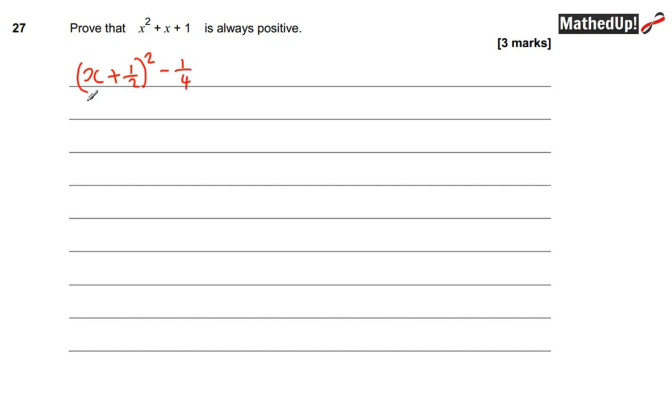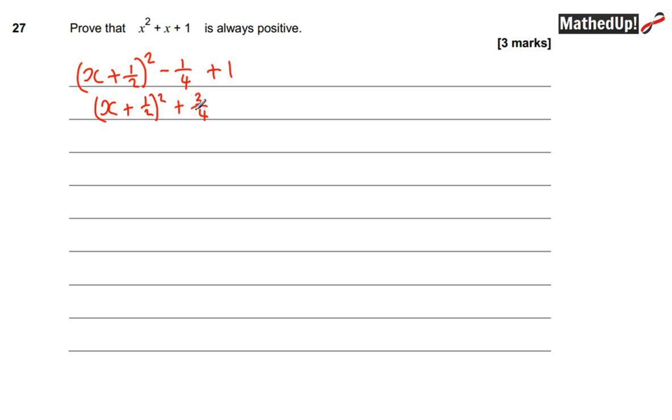So this here is now the same as x squared plus x. I'm now going to add 1 to that to make it the same as this expression. So I've got x plus a half squared, take away a quarter plus 1. I can simplify that because take away a quarter plus 1 is the same as plus 3/4.